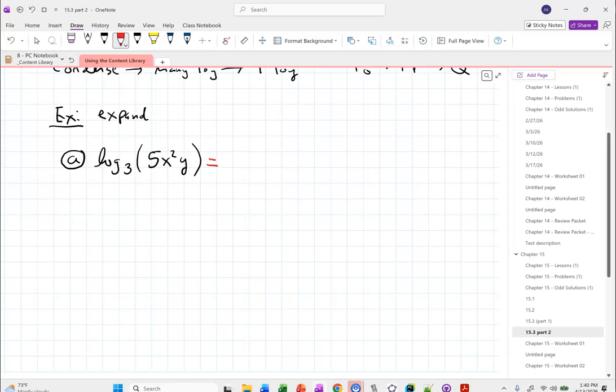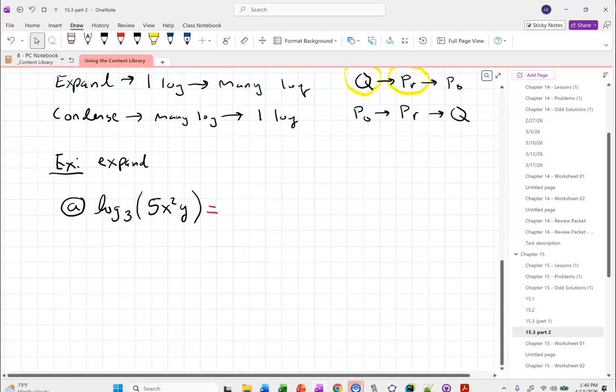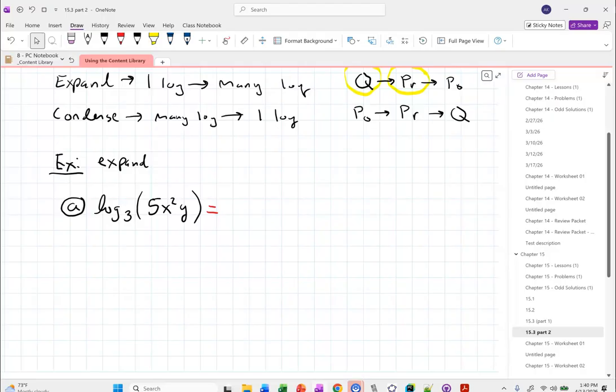Where are they at? In between the 5 and the x squared, and between the x squared and the y. Does everybody see? So how many product properties are going to happen here? 2. Okay?